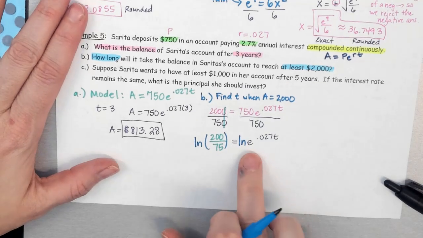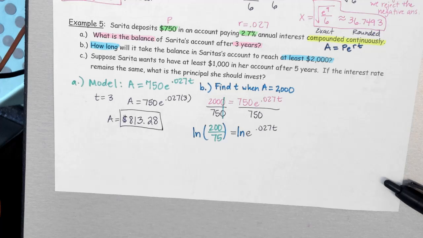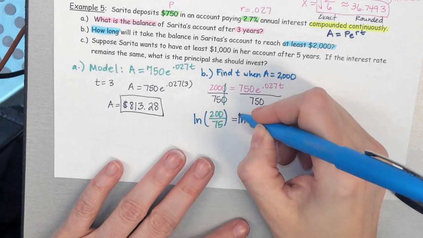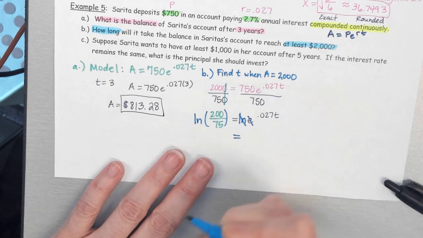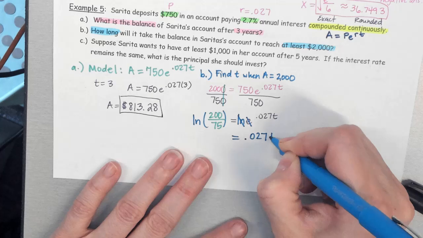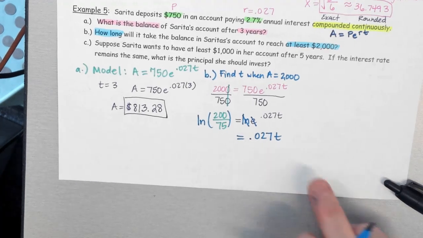And if you want to leave some room between the equal signs so you can write that out properly, you're always putting that natural log on the left side of your value here. And then the natural log and e cancel out. Remember, they make 1. And we can bring down that exponent with the power rule. So it's that power rule that lets us bring this in front, okay?